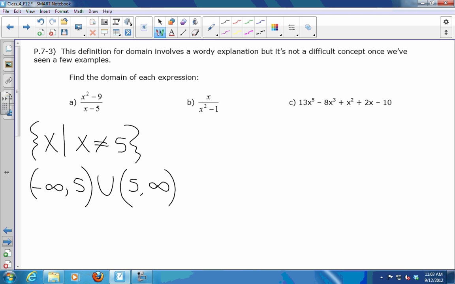So for B here, what values can I not plug into the expression? 1 or negative 1, yeah. So I have to say, well, x squared minus 1, I have to make sure that that's not 0. My denominator can't be 0. So then I just solve this thing. X squared then can't be 1, which means that x can't be plus or minus the square root of 1, which is 1.